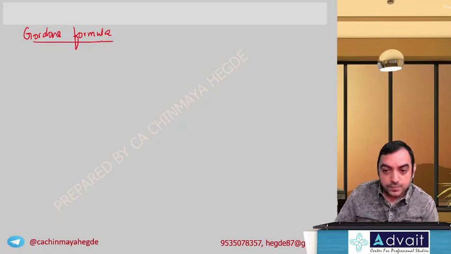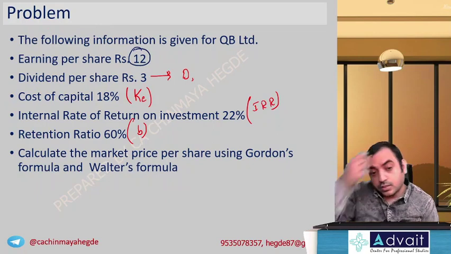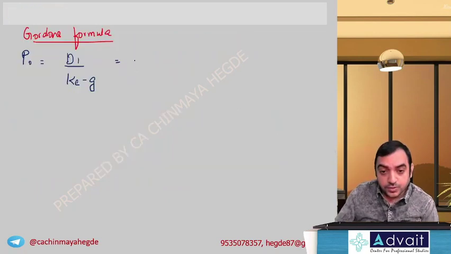Gordon's model. Because we have D1 here, let's use P0 equals D1 by KE minus G. D1, we just identified, is 3 rupees divided by KE.